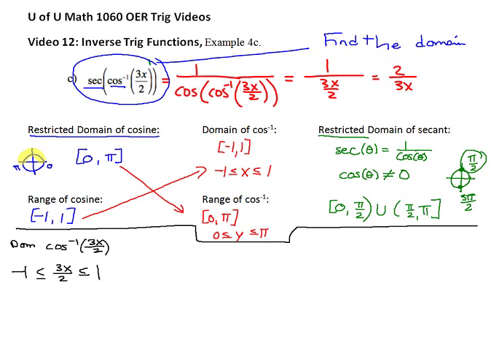I multiply each part by 2 in order to clear the 2 in my fraction, and I get -2 is less than or equal to 3x, which is less than or equal to 2. And then I divide all parts by 3 to isolate x. So I have -2/3 is less than or equal to x, which is less than or equal to 2/3.